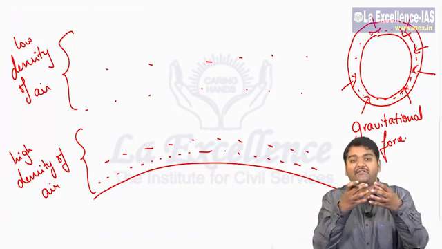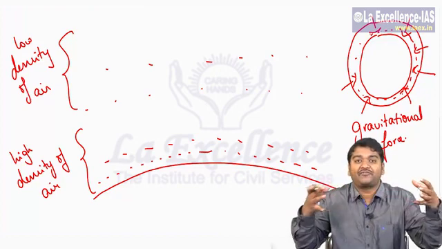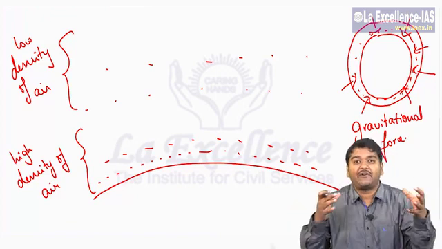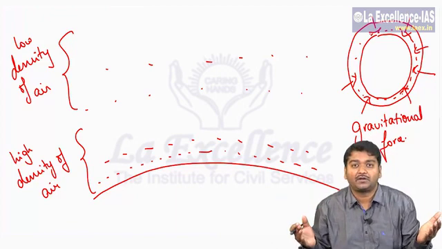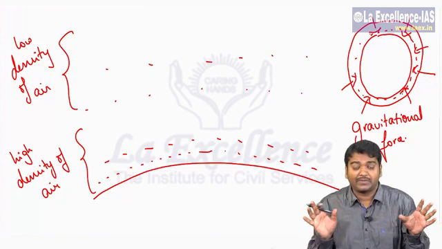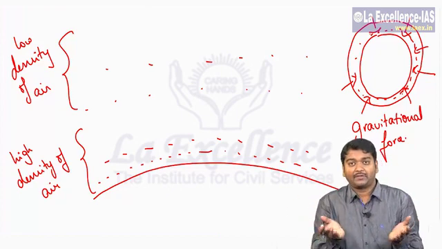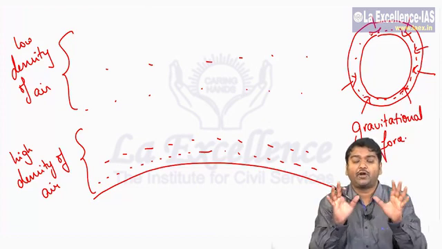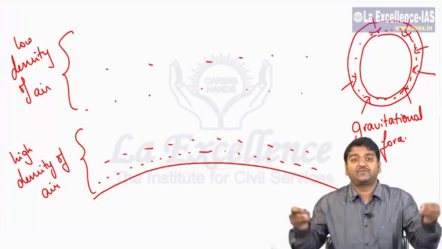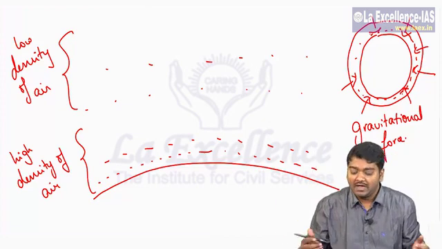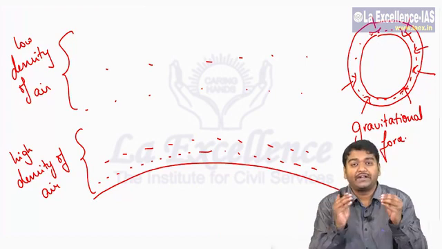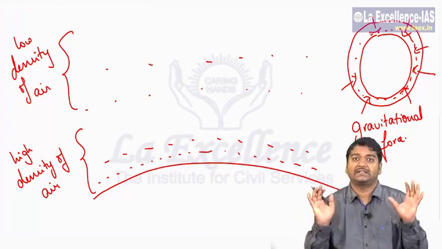The particles have enough space, they are far from each other. When they are far from each other, will they be hot? I am not adding temperature, I am not heating it, I am just telling you that there is a tire and I am pumping air into it. I have not pumped much. There is enough space. What will happen? Here we usually observe that the temperature is less.